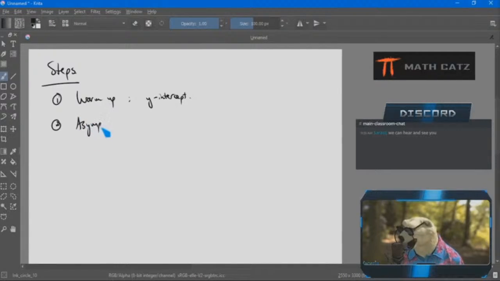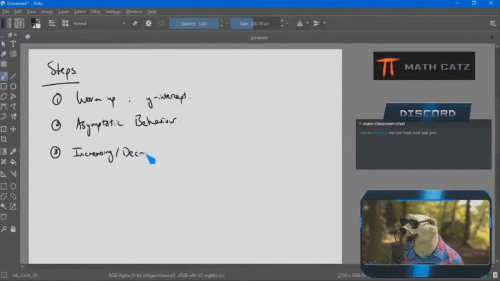Then we had our asymptotic behavior, where we analyze the function and see what's the long-term behavior, are there any asymptotes, and so on.